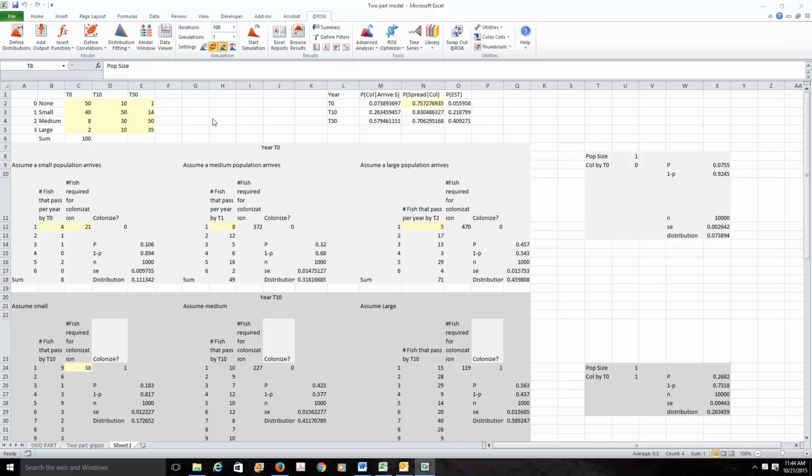But pathway probability is a 1, that's clear. The probability of arrival has been captured, and we're going to return to that in just a moment. That's been captured in this information.